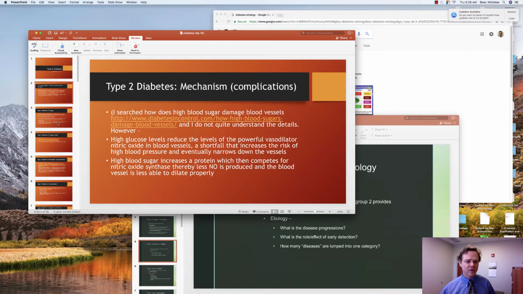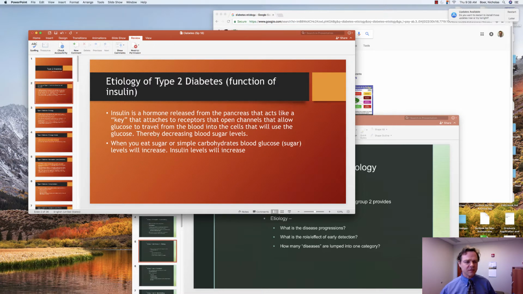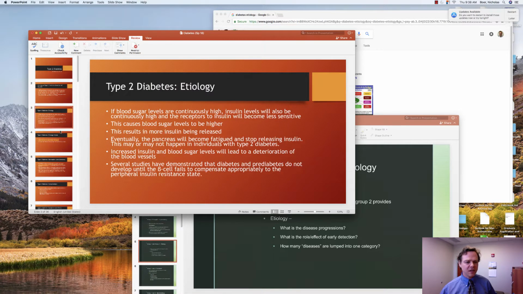You don't want to just talk about the basic mechanism of what is insulin and that it causes high blood sugar, more insulin to be released, and what's happening at the level of the pancreas. The problems with diabetes can be related to pancreatic failure, but oftentimes it's related to something else. So you want to talk about that something else.